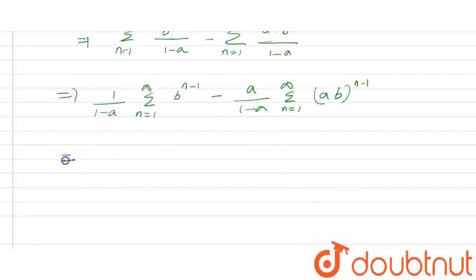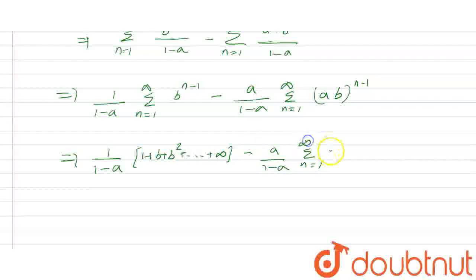Now I will expand this series. So this is 1 upon (1 - a) times (1 + b + b^2 + up to infinity), and similarly minus a upon (1 - a) times (1 + ab + (ab)^2 + up to infinity).